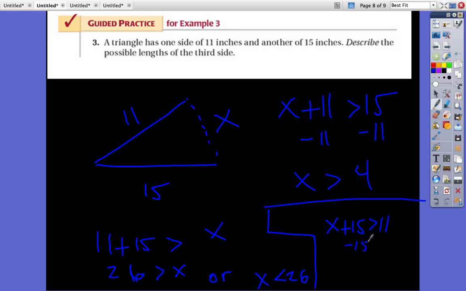If we subtract 15 from both sides, we get a negative number, so we don't even have to look at that possibility. So our final answer is that x has to be greater than 4 but less than 26. So one possible length could be 20, because 20 is less than 26 and greater than 4. And that's it for 5.5.